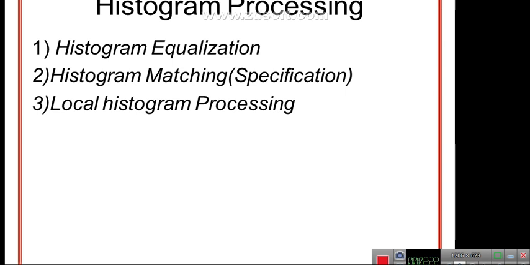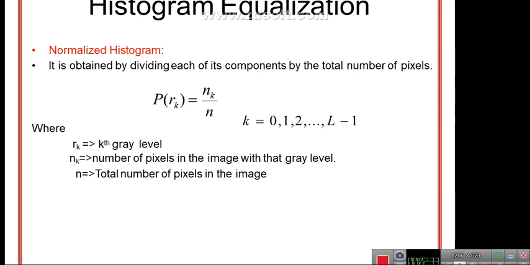Then one more concept, histogram processing. In that, three different techniques are there: histogram equalization, histogram matching, and local histogram processing. First, histogram means the number of occurrences of the pixels in a given image. That is defined by histogram.